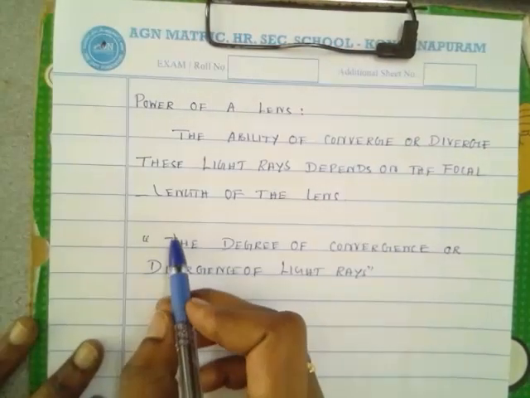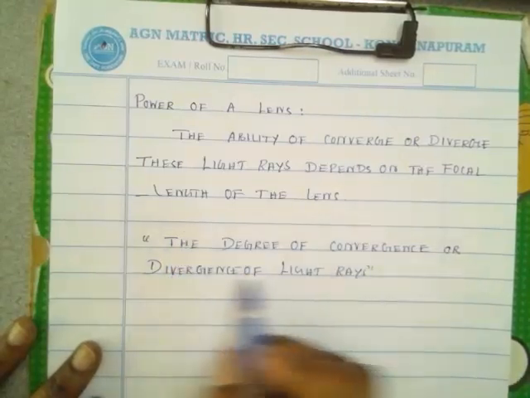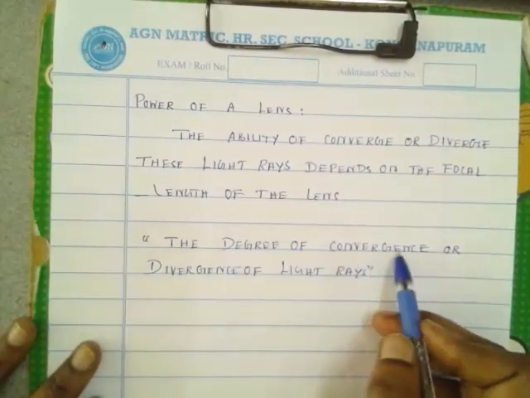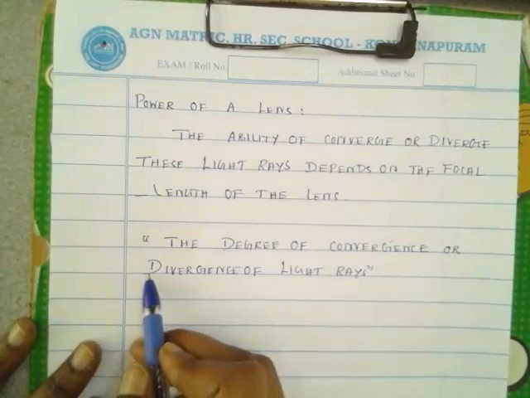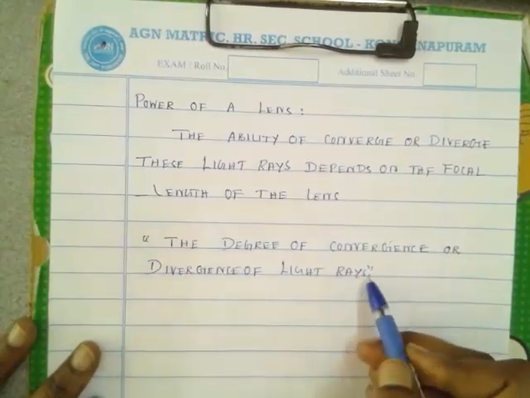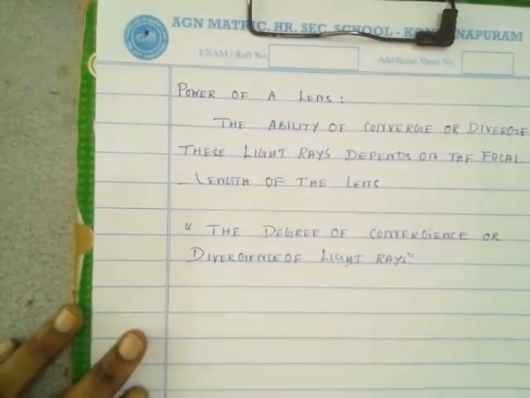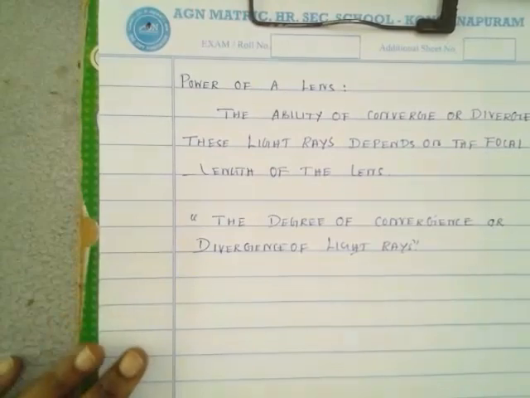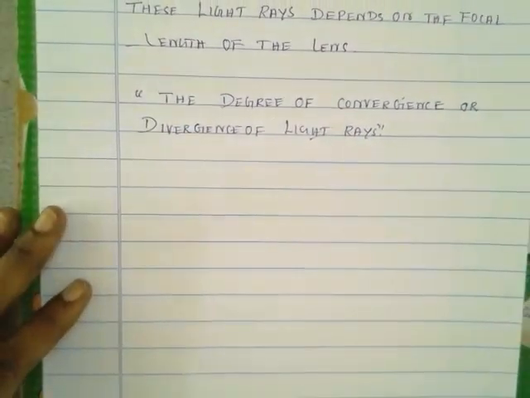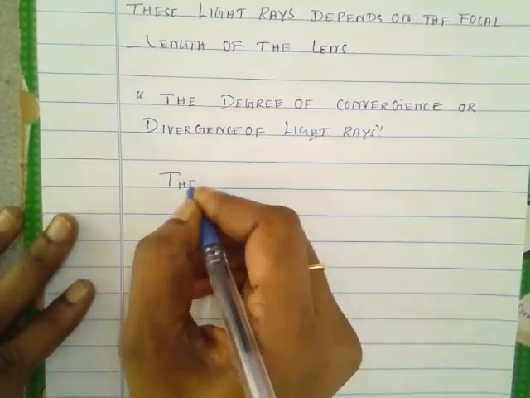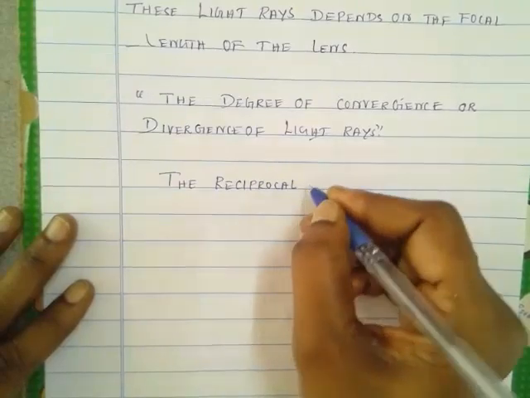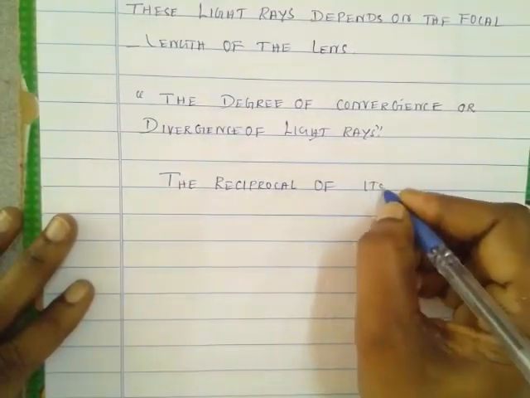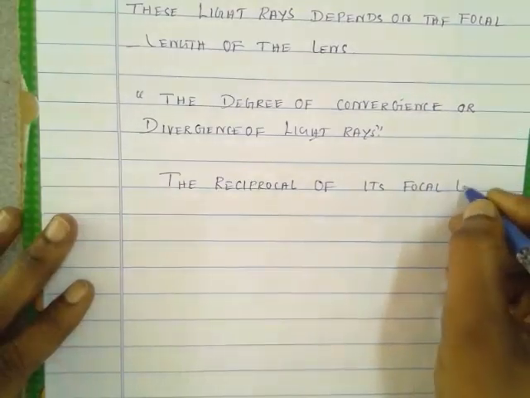That means the power of a lens can be defined as the degree of convergence in the case of a convex lens, or the degree of divergence in the case of a concave lens, of the light rays. And the power of a lens is numerically related as the reciprocal of its focal length.